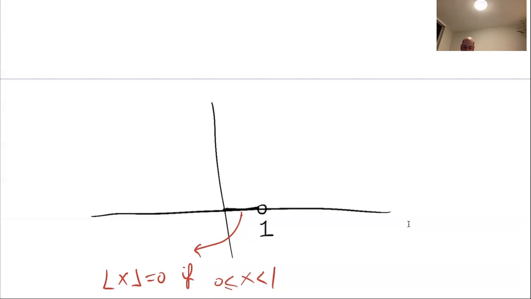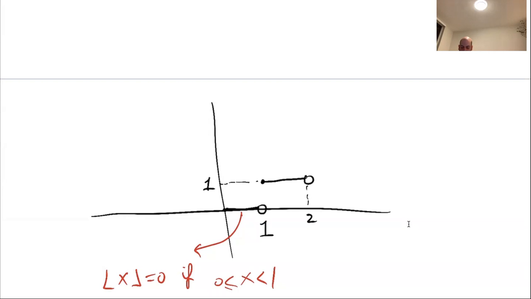What about between 1 and 2? Between 1 and 2, the y value, the output is 1. For example, x equals 1, 1.1, 1.2, right?